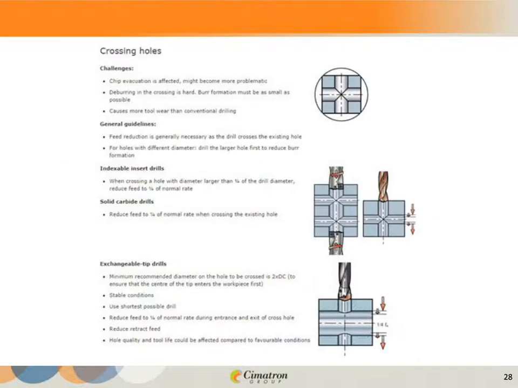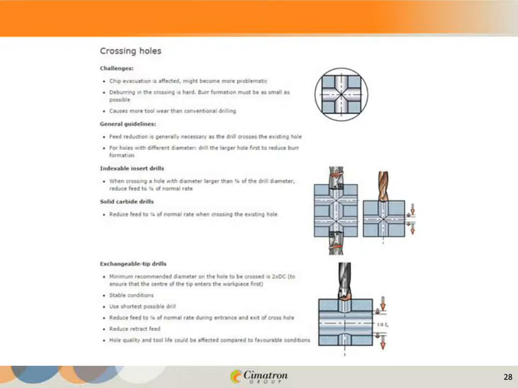Here are a few more examples. Pardon me while I find my slide. I can't see the text here, it's kind of small. Okay, so for a cross hole like this, with the indexable drills, we want to slow them down to a quarter of the normal feed rate.